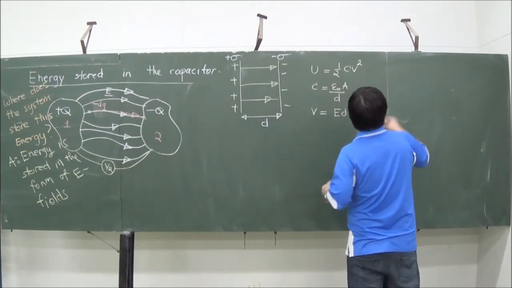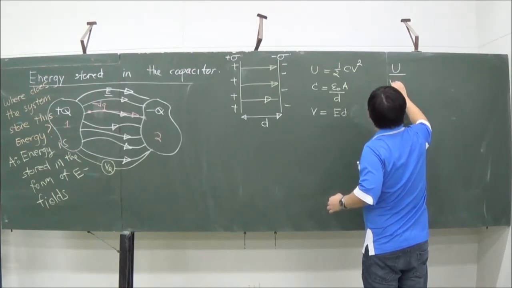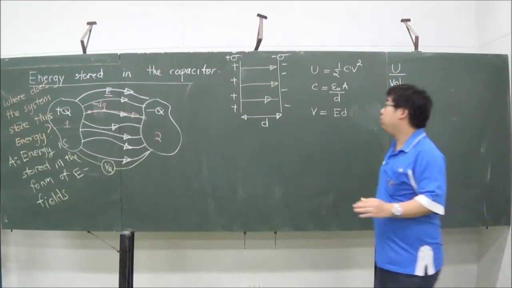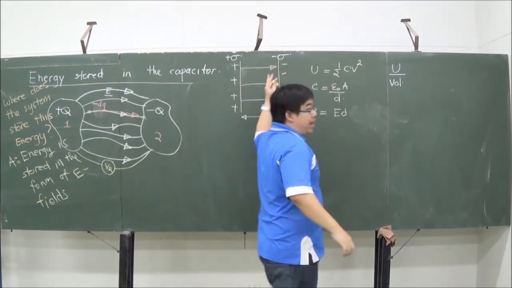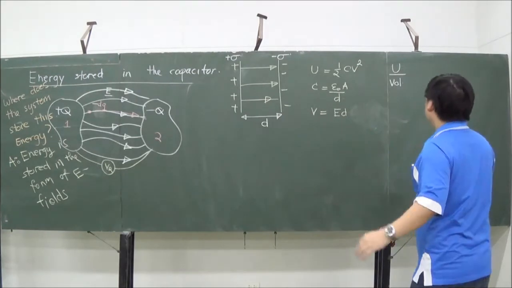So U over the volume, so the energy per volume of this capacitor, and this capacitor has the shape of a box.